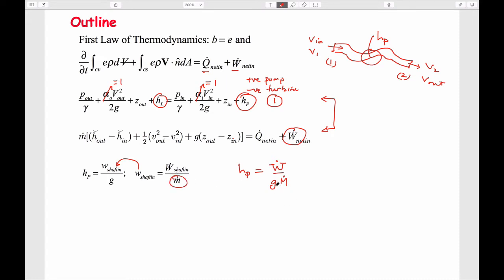So mass flow rate times g is the same as the volumetric flow rate times unit weight of the fluid that's flowing. These two terms here are just equivalent to each other. You can show that for yourself if you so wish.